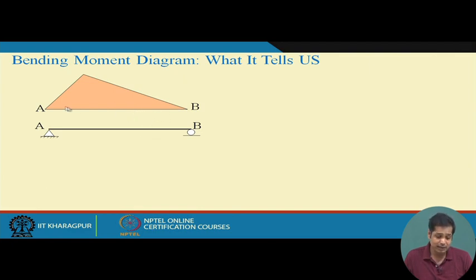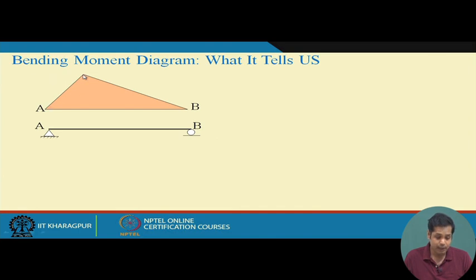Now, what is the loading condition? Since the bending moment is linearly varying between these 2 points, the shear force between them will be 0, because that is how shear and bending moment are related to each other. Shear is the slope of bending moment. Bending moment linear means shear is 0.